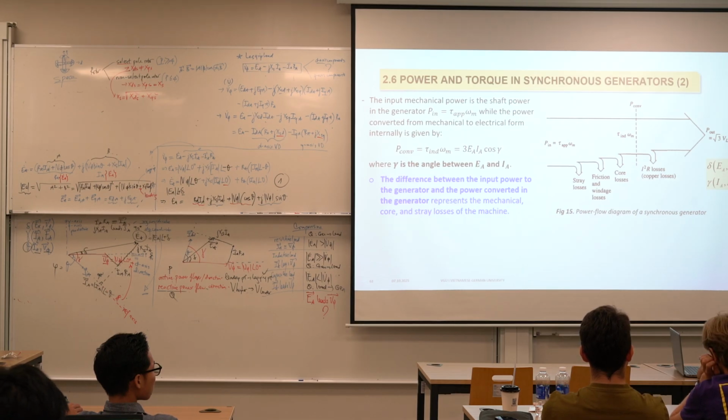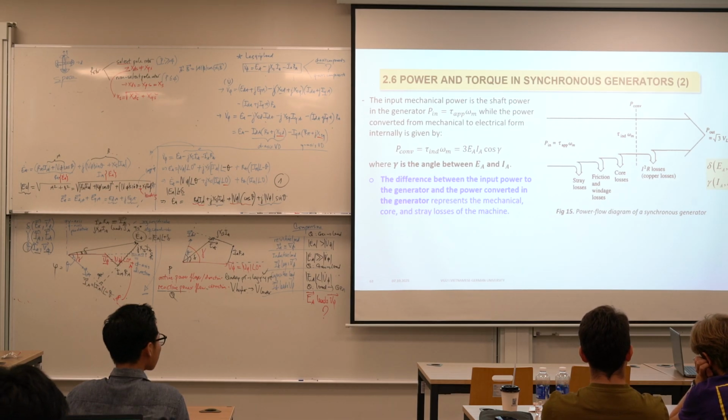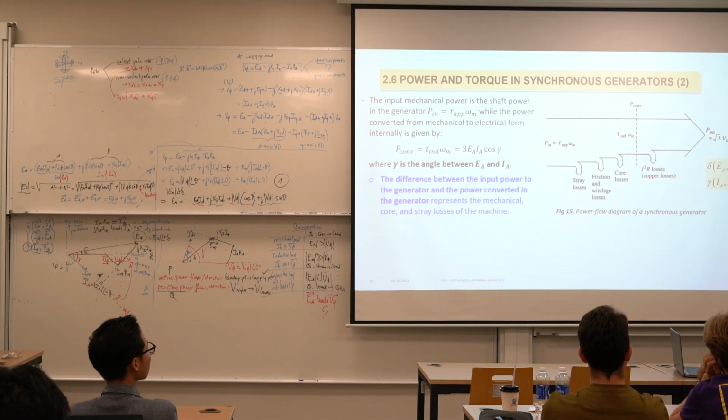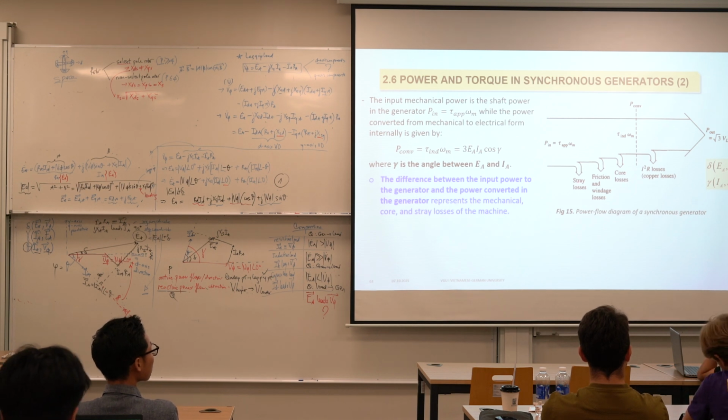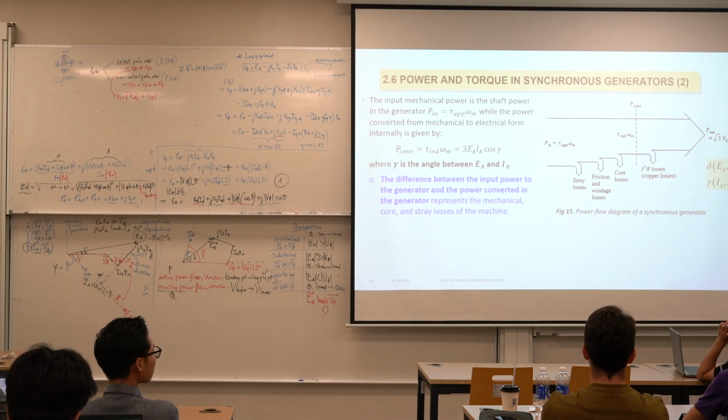So for stray, we have delta P stray, that means stray losses. And if the rotor rotates, that means we have friction between the rotor and the bearing, and friction between the rotor and the air. So we have delta P friction and windage.